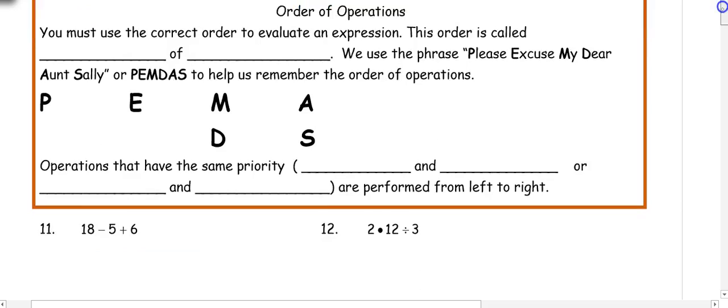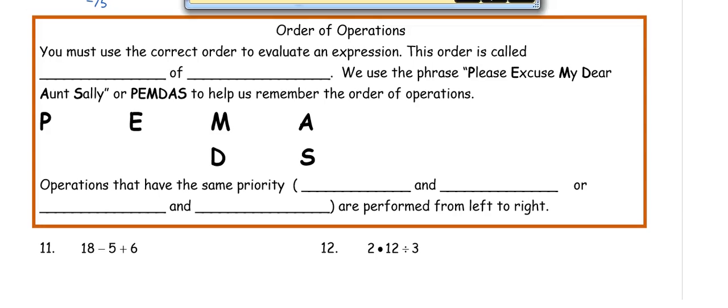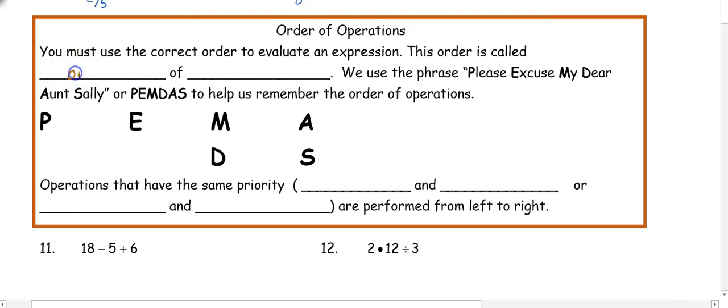Now the other part of this video is order of operations. So order of operations, you have to use the correct order to evaluate an expression. This order is called the order of operations. So we use the phrase, "Please excuse my dear Aunt Sally," or PEMDAS, to help us remember the order of operations.